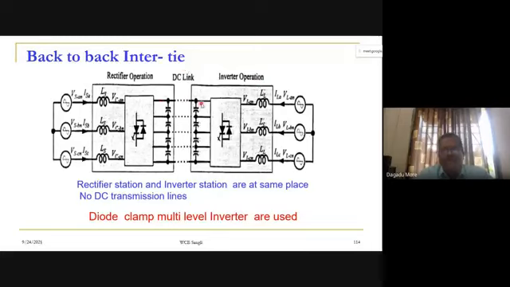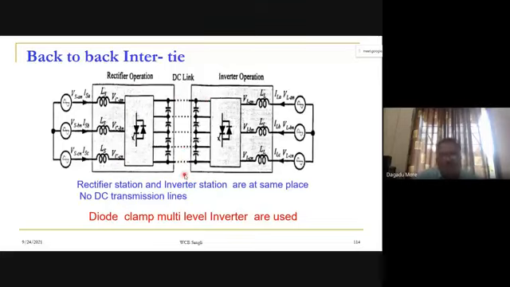It means there is a DC link, but it is in the same station. The rectifier and inverter panels are both in the same station, not at different places. Whereas in the case of HVDC, we have one station at Padghe and one station at Chandrapur. But here both are at the same place. There is no DC transmission.